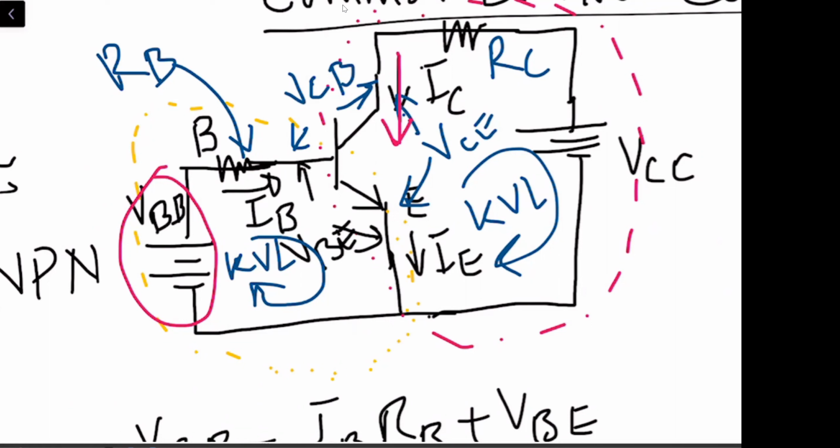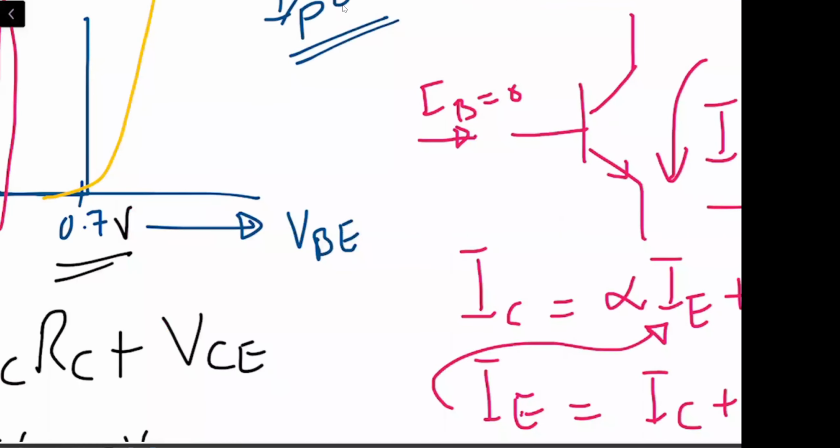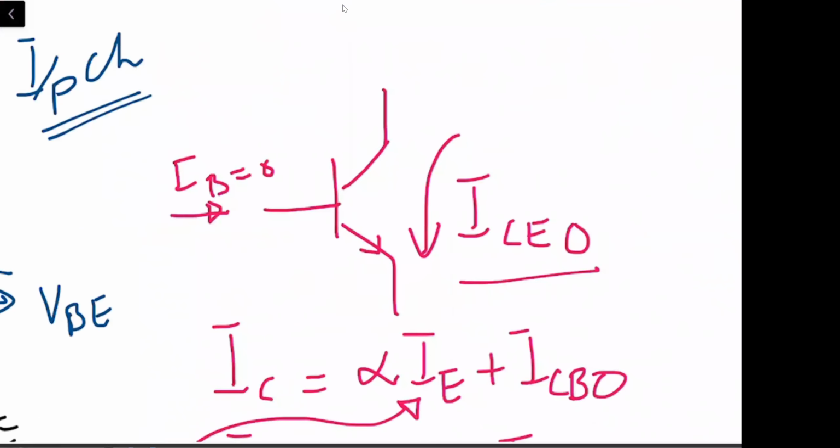In this situation, there will be a current flowing through the collector emitter junction, and we call this ICEO.